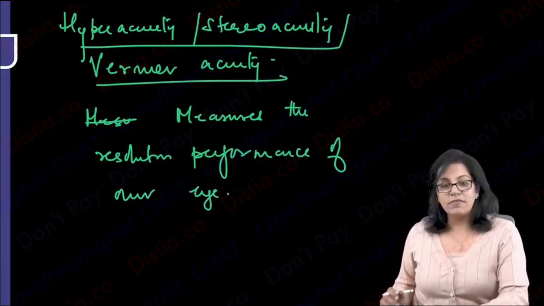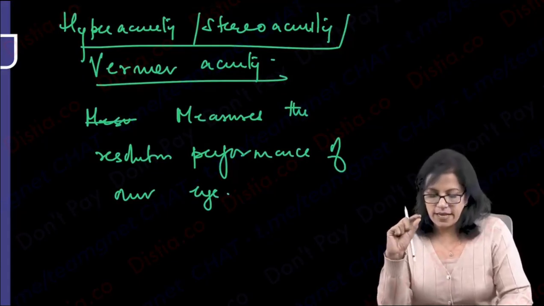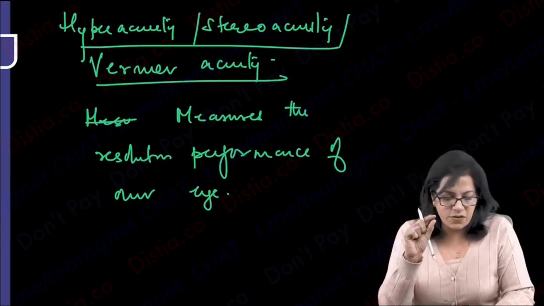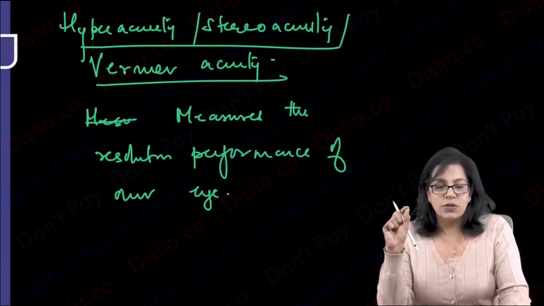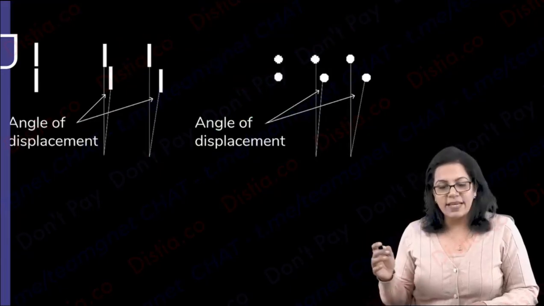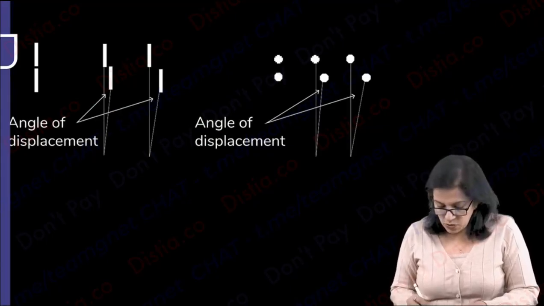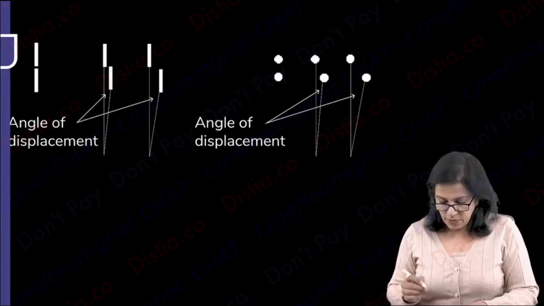That means how is your eye able to perceive two near objects, which are very near? So if we look at this slide, we'll understand what is hyperacuity.